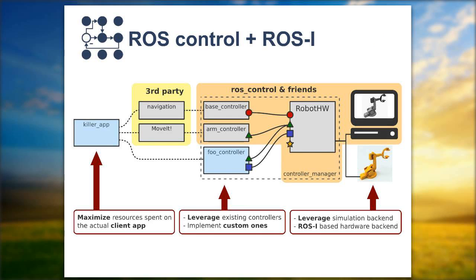So what does this mean for ROS Industrial and how can both projects benefit from each other? If we look again at the rightmost part of the image, when you leverage ROS control, what you actually have to code for yourself is the hardware backend for your robot.